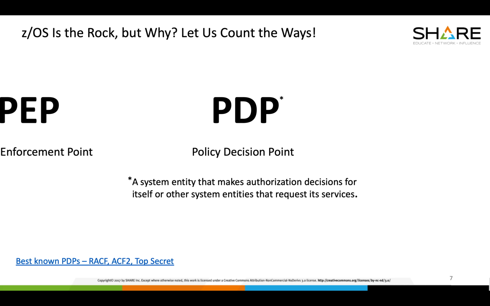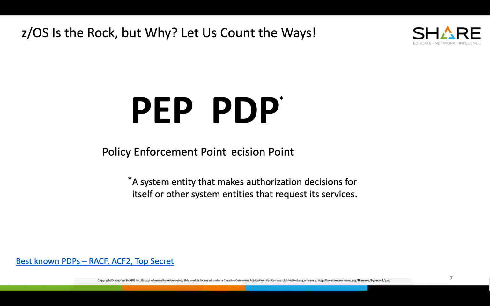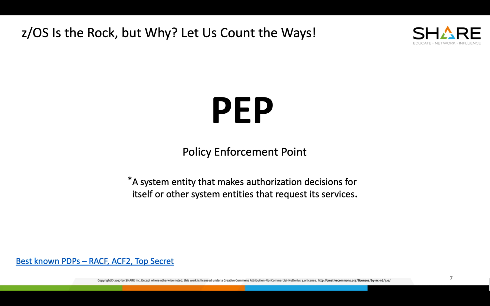They require companions. Those companions are referred to as policy enforcement points. And in the z/OS environment, that enforcement point is often referred to as the System Access Facility, or SAF.